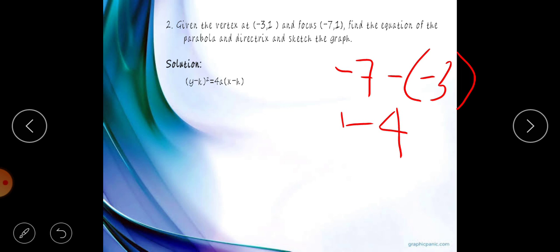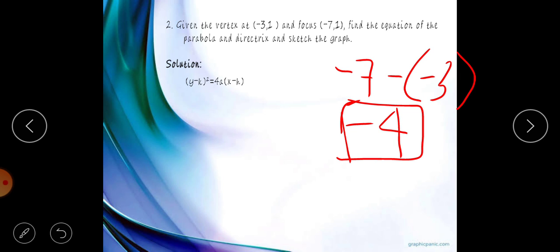So this is now the value of our a, which means that our a is less than 0. Thus, the axis of symmetry is parallel to the x-axis.